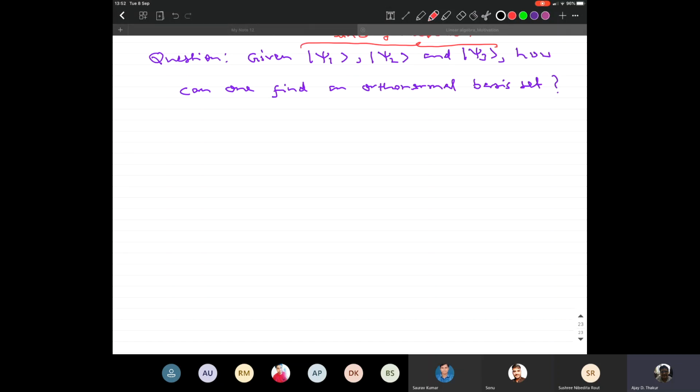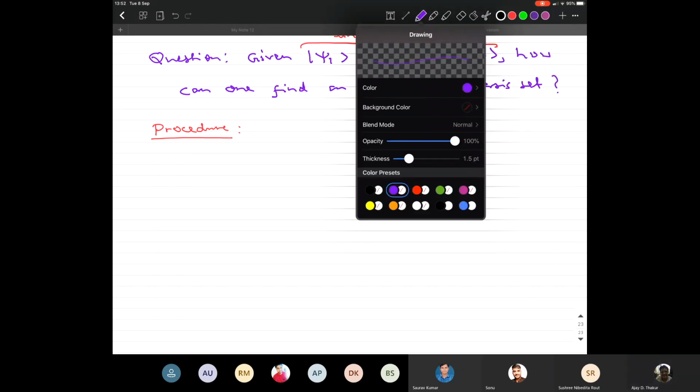So now the procedure, I would just write down the procedure here. Let's just choose black color.